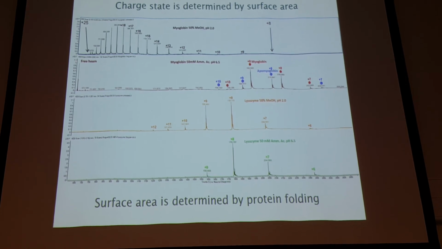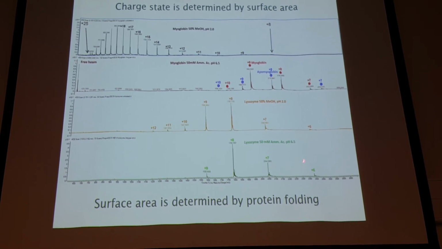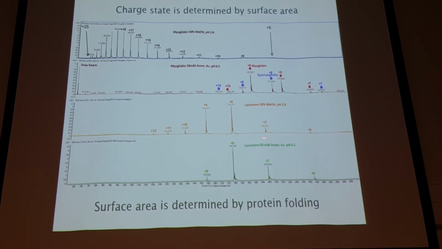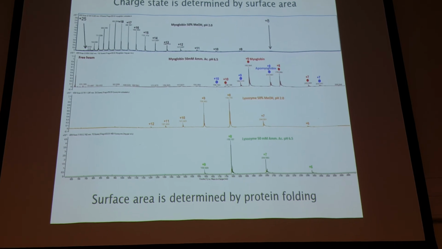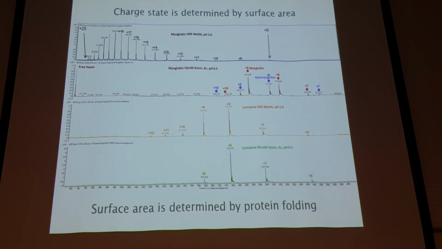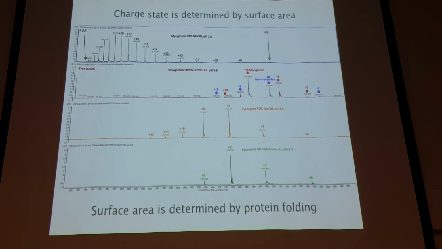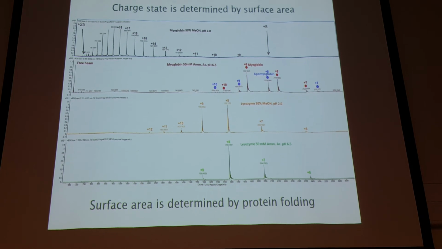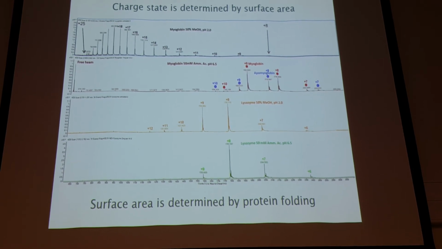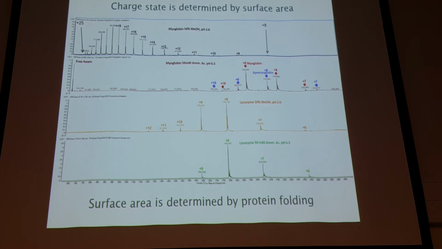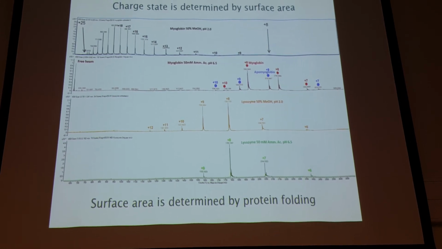However, when you do this with lysozyme, what you see is the denatured spectrum and the native spectrum are almost exactly the same. Why is that? Well, I used to work on lysozyme. Lysozyme has 4 disulfide bonds, and also it's massively heat stable. You can boil lysozyme, cool it down, and it will still retain its activity.